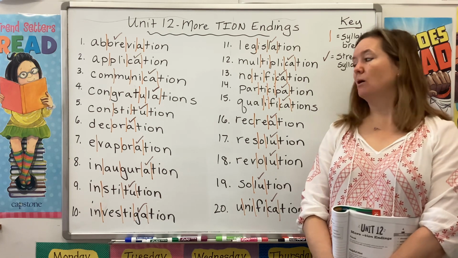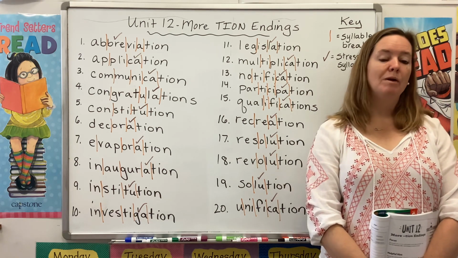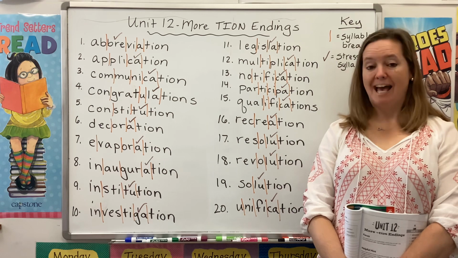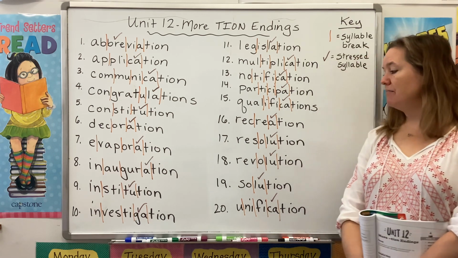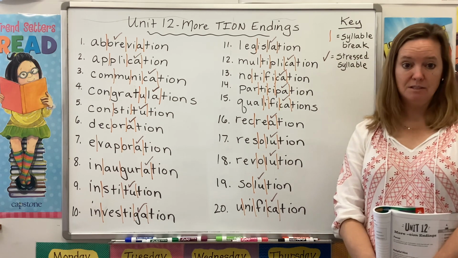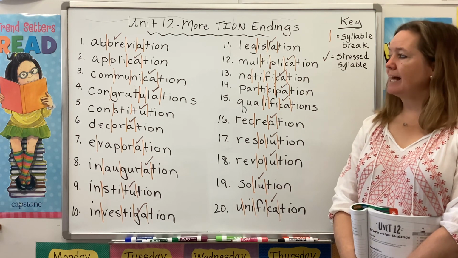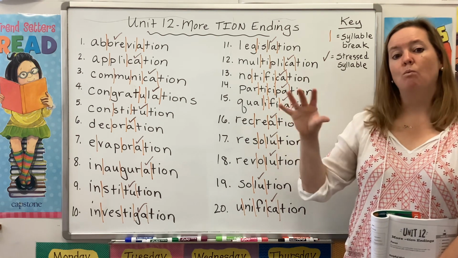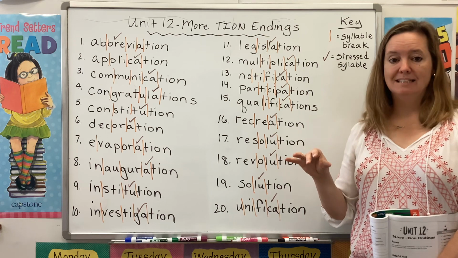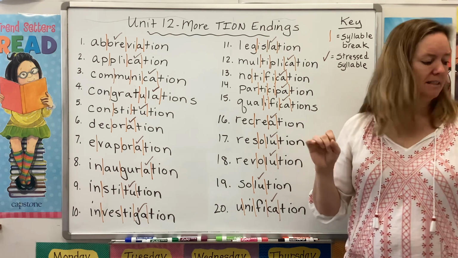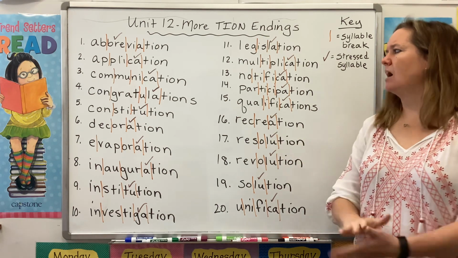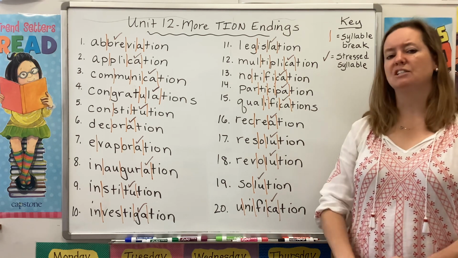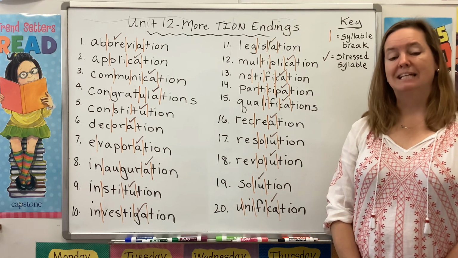So this week we are going to continue with that TION ending, shun. All of the words this week are nouns. We're going to look at these words and try to figure out what verb they started as. And we're also going to notice some of the unusual spelling patterns and changes that take place.